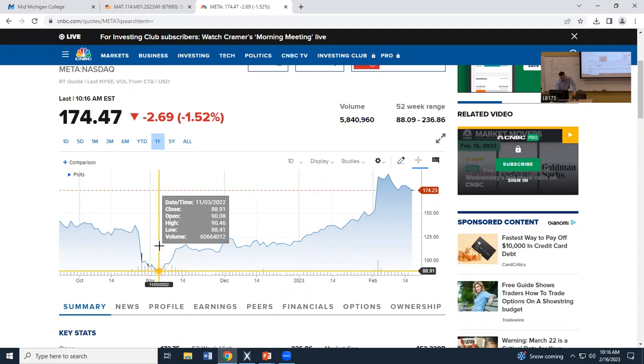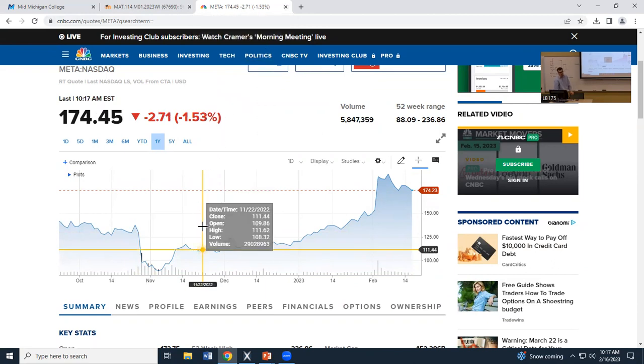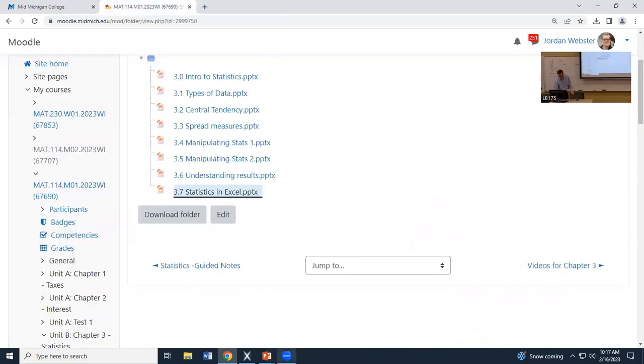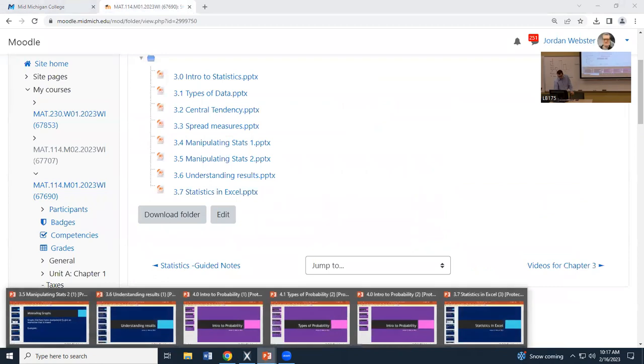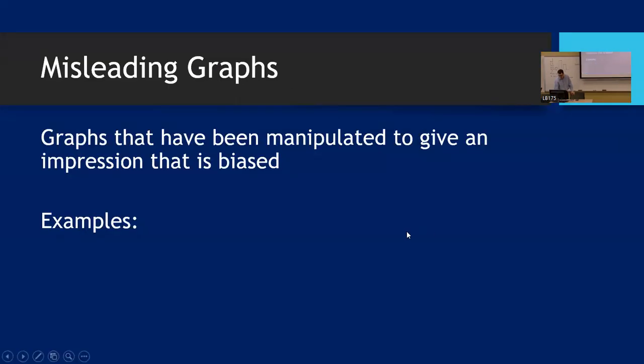If I started at November the 3rd, then it was right at about 90. Now it's at 174. So time periods matter when you're talking about tracking quantities over time. Which time period do you give? And that's always important when you're looking at a graph where the X value is your time period. You should always ask, well, why did they choose that particular time period?